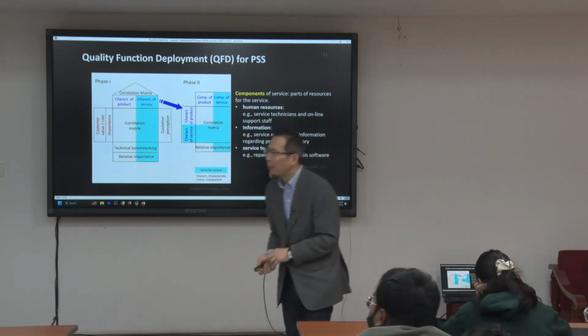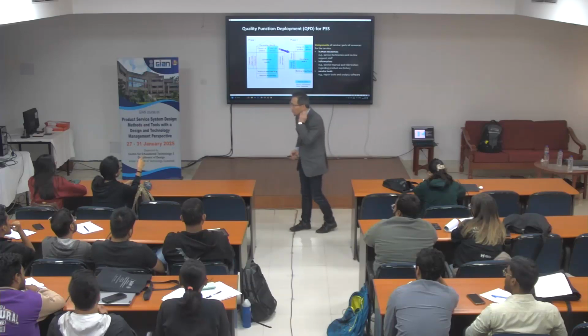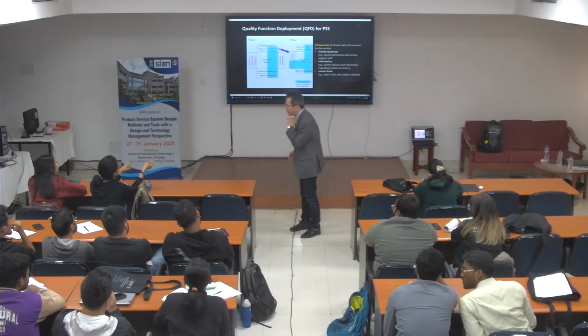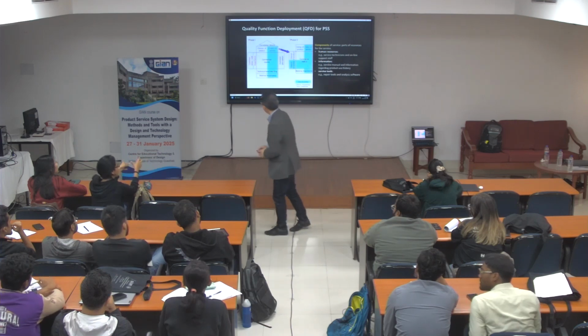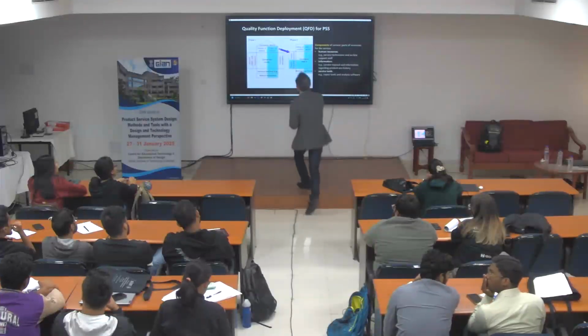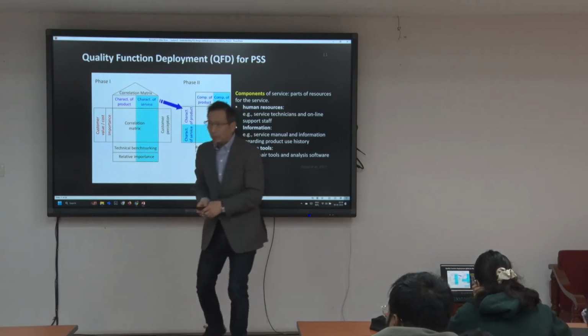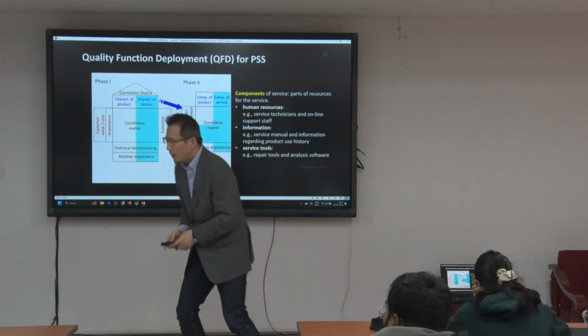And then you: give an example of a characteristic of a service to help draw contrast between a component and a characteristic. Characteristic of service, compared with the component of service.